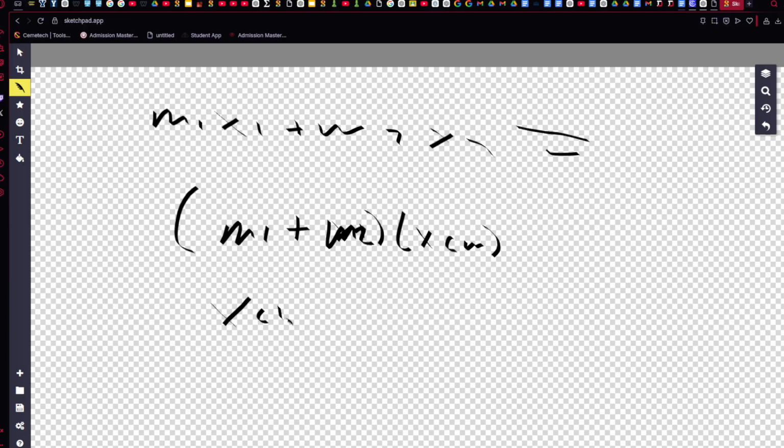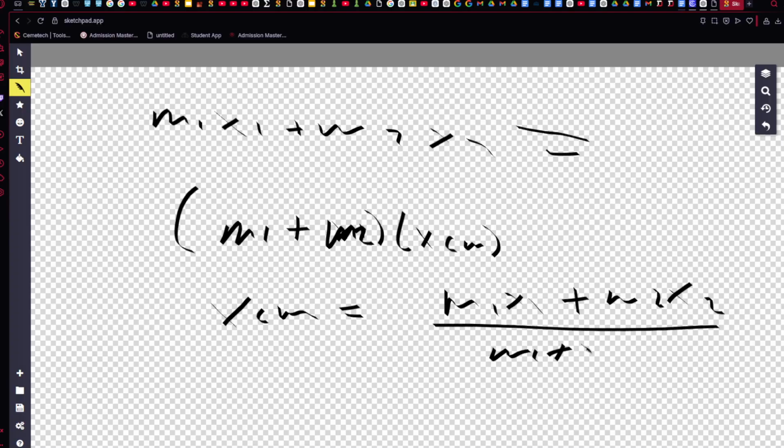So if we divide M1 plus M2 on both sides, we get M1x1 plus M2x2 divided by M1 plus M2, which is more accurately XCM equals the sum of MiXi over the sum of Mi, which is the formula here.